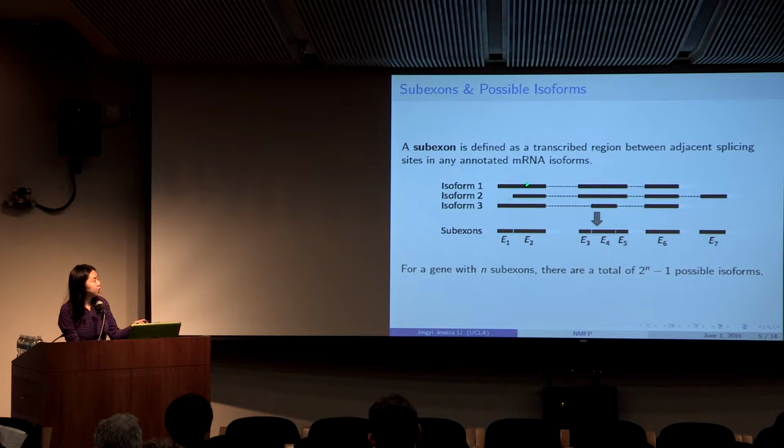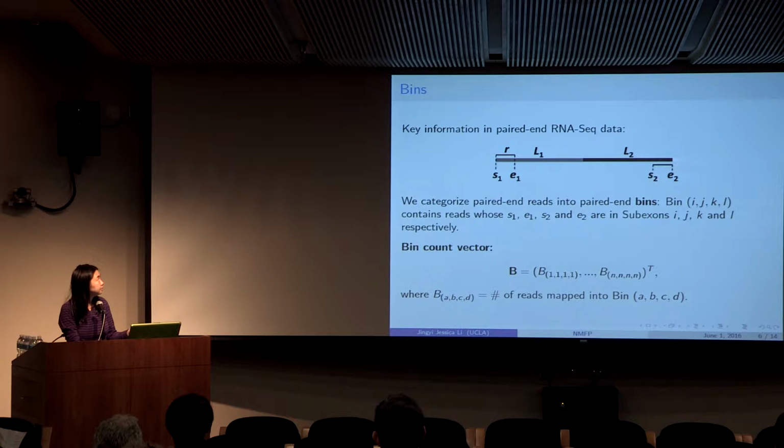On each isoform, we know the exons in them and their boundaries. But you can see that some regions exist only in part of some isoforms, but not others. Therefore, we define subexons so that by enumerating possible combinations of subexons, we can recapture these annotated isoforms and potentially new ones. This is the parameter we want to estimate.